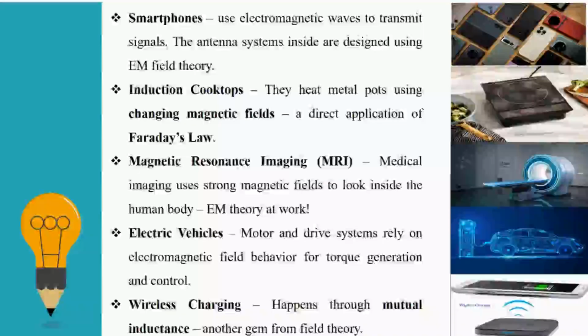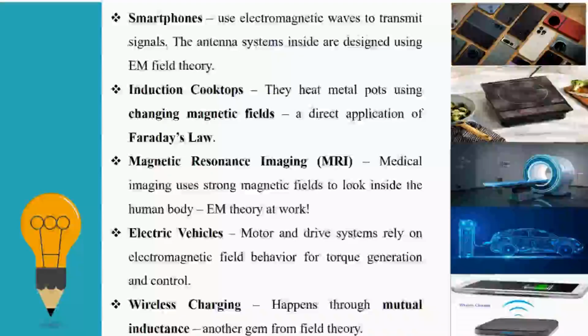Another one is in the medical industry, the MRI scan, magnetic resonance imaging. Medical imaging uses a strong magnetic field to look inside the human body. There also, electromagnetic theory is at work. And now, a recent technology and evolvement in the industry, the electric vehicle.